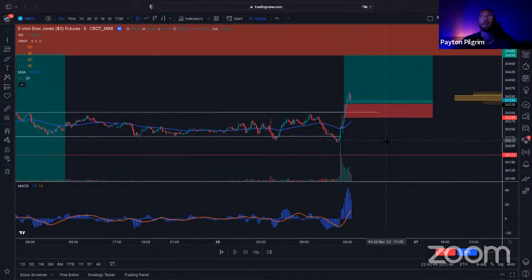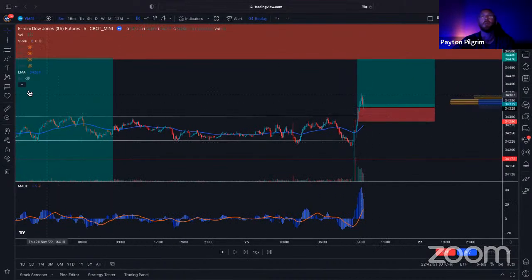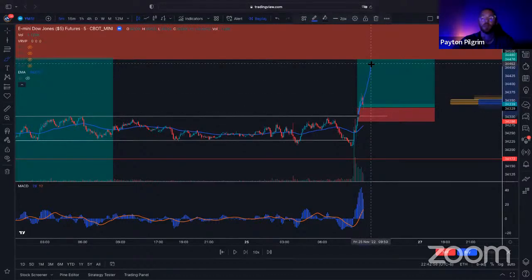So at that point, you want it to just kind of take off. It's really what you're betting on. You're betting on the volume and the momentum to just whoop straight through.